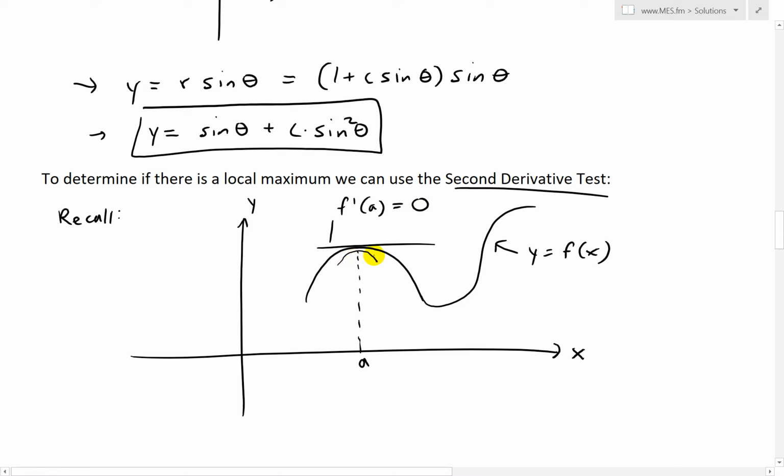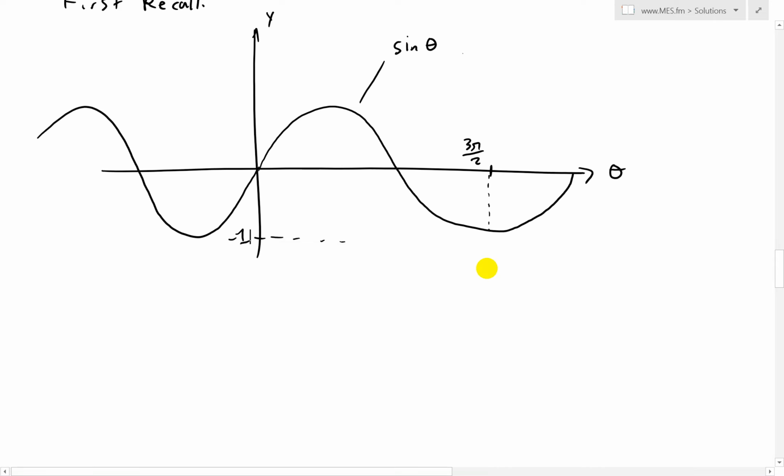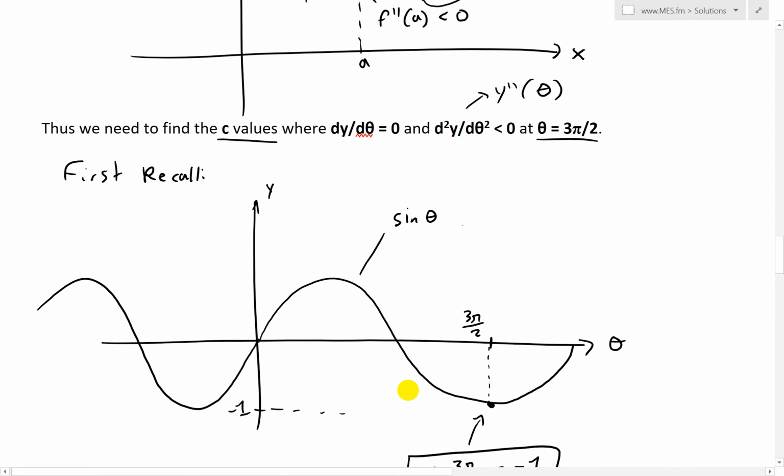Recall that the point 3 pi over 2 is at this point, and going downwards there, this is in fact negative 1. So recall that sine of 3 pi over 2 equals negative 1. We'll use that for reference.